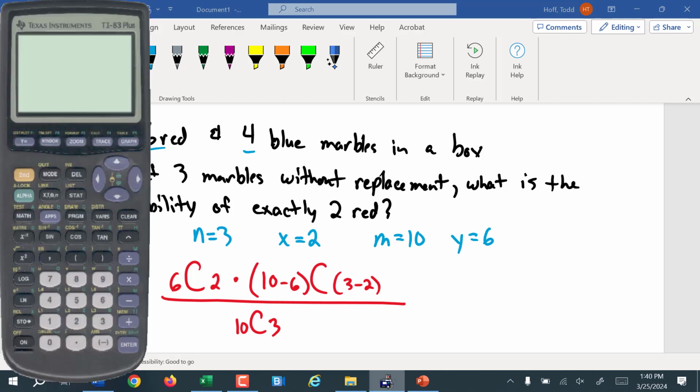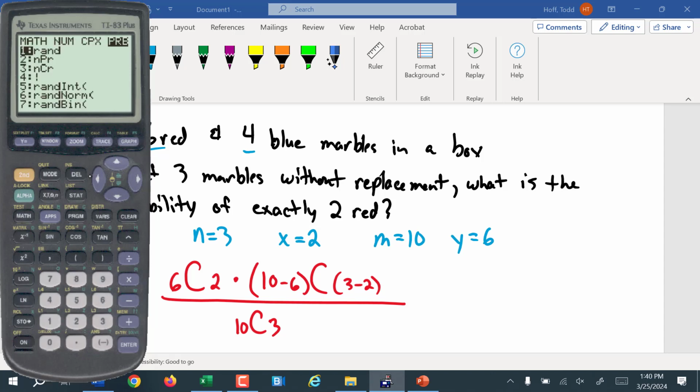So how do I enter this in the calculator? Well, we're going to use that math menu. So 6, math, probability, option 3, NCR, 2, times, 10 minus 6, I'm just going to enter the 4 there.